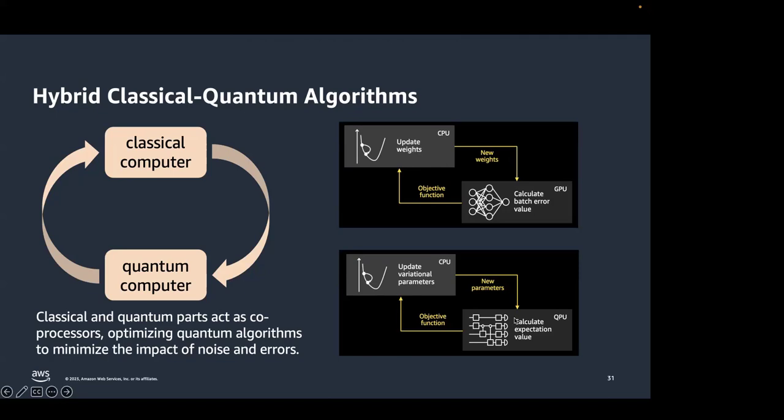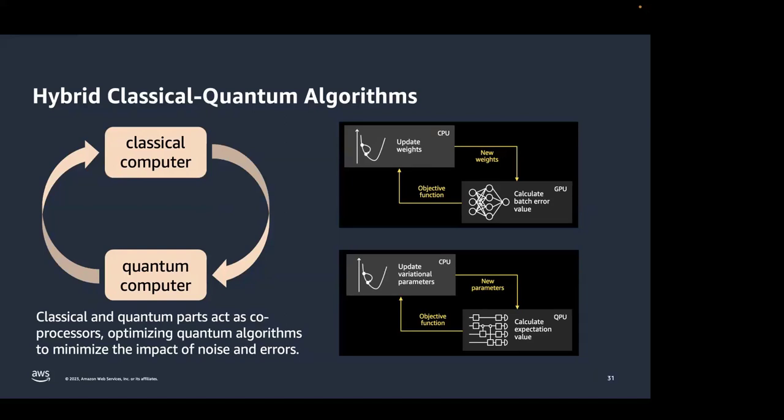New parameters are fed to the quantum circuit, and that quantum circuit is sent to QPUs for execution, and the result is used to compute the objective function and then update the variational parameters, and this cycle goes on and on, right? The algorithms which use this kind of constant exchange of information between classical and quantum computers are called hybrid classical quantum algorithms, right?